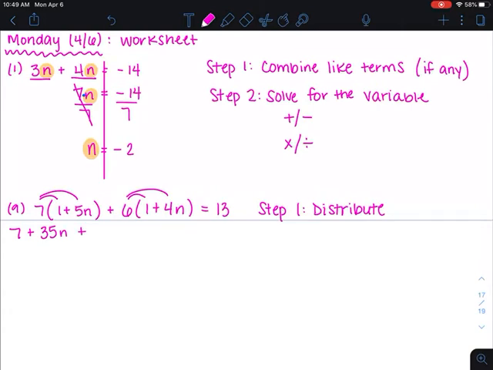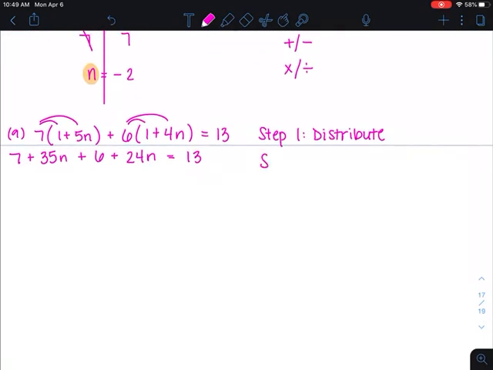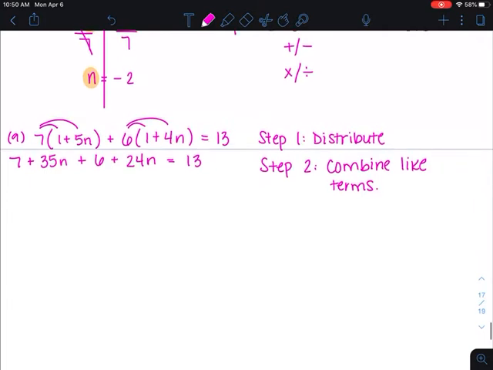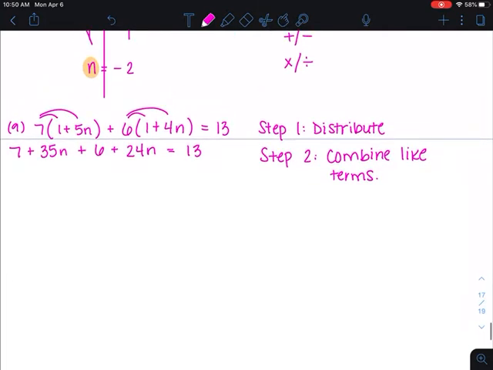So now 7 times 1 is 7, 7 times 5n is 35n, plus 6 times 1 is 6, 6 times 4 is 24, don't forget the n, equals 13. Step 2, combine like terms. So I have a number, one with a variable, a constant, one with a variable, and we're only doing it within each side of the equal sign.